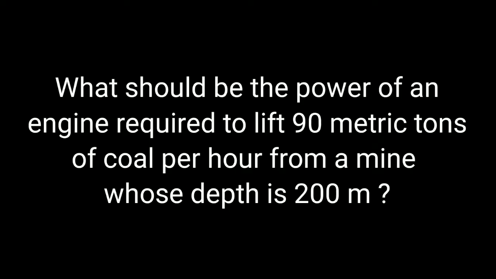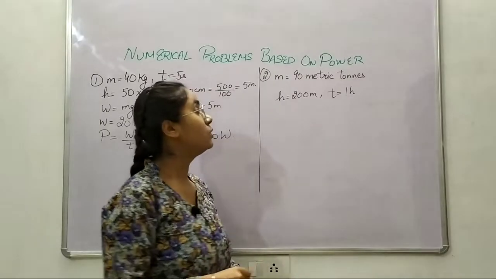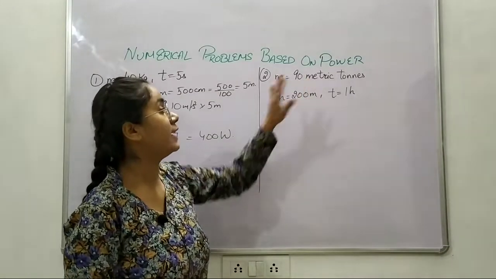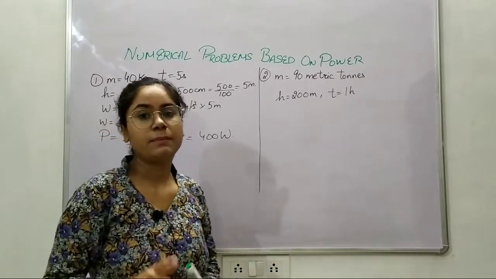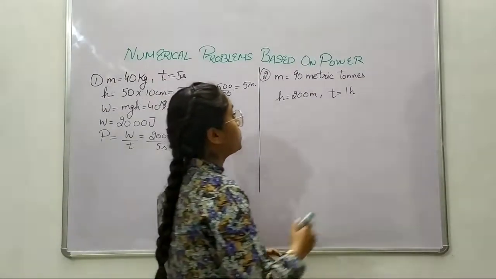Now in the next problem, what should be the power of an engine required to lift 90 metric tons of coal per hour from a mine whose depth is 200 meters? Now the mass given here is 90 metric tons. 1 metric ton equals 1000 kilogram.